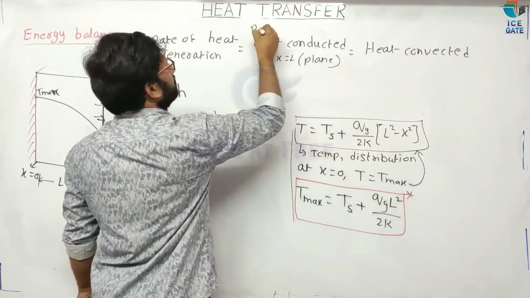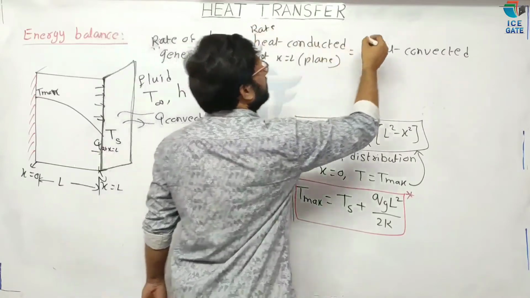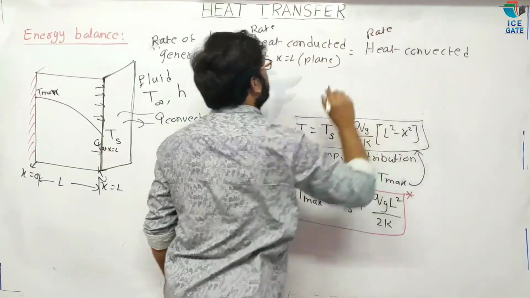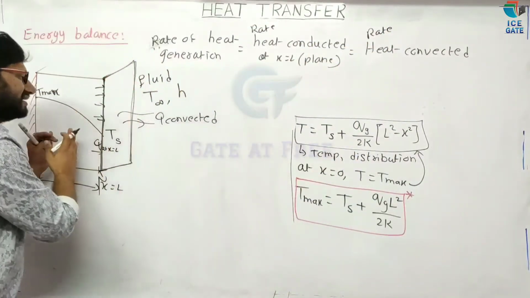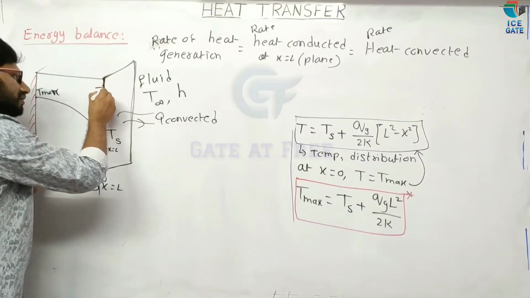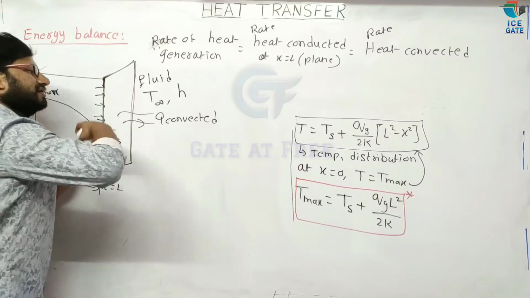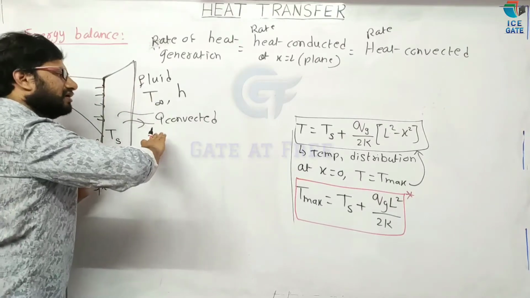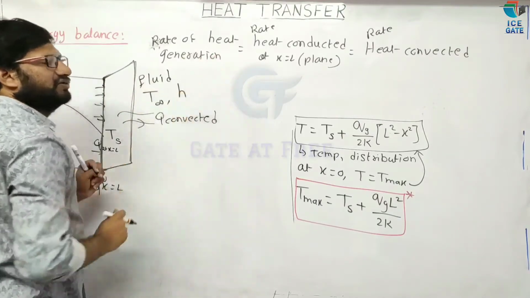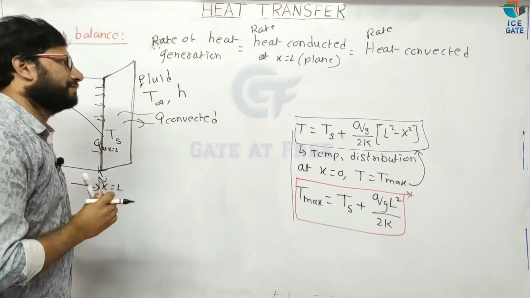Here rate means per unit time. Per unit time, the amount of heat generation in the slab is equal to heat conducted at x is equal to L, and that is equal to heat convected to the fluid per unit time.